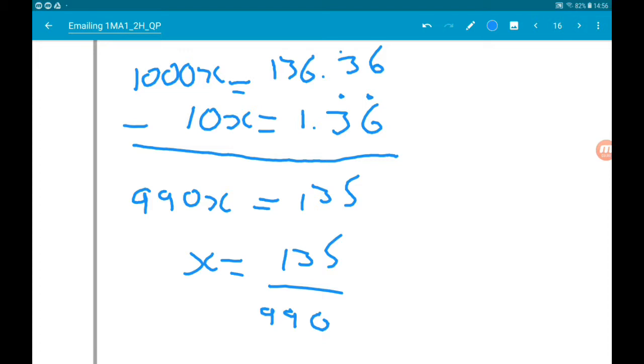I think has a common factor of 9. In fact, has a common factor of 45. Doesn't matter though, put it in your calculator and I will do it for you. So 135 over 990 is 3 over 22.